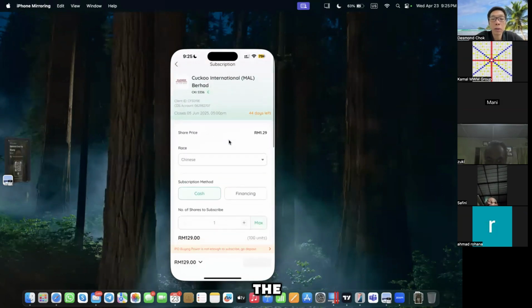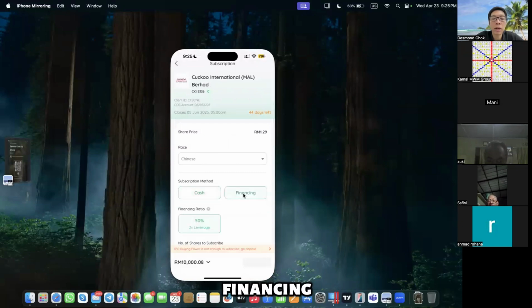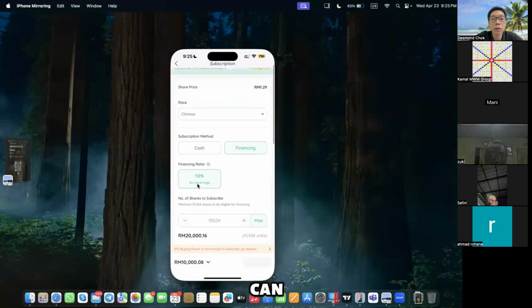Now the new thing is we have financing. For financing, let's say you have already allocated 10,000 to buy this IPO. Maybe you can use leverage, so from 10,000 you can use 20,000. That means 10 plus 10, 100% times 2, 2 times leverage, 50%.